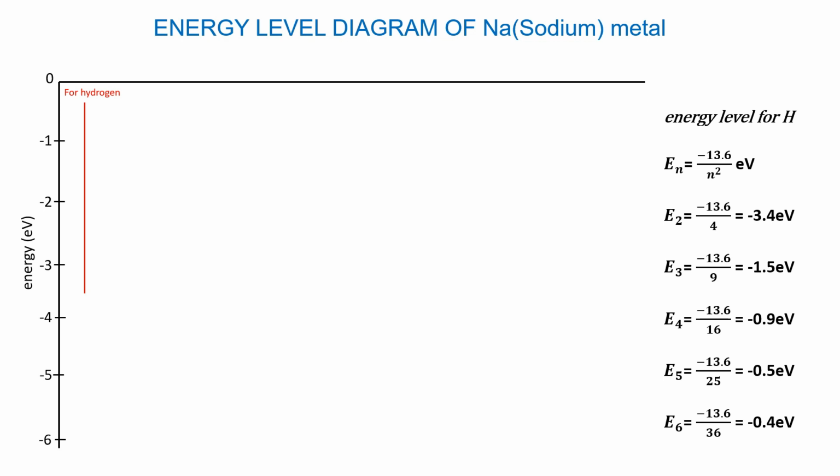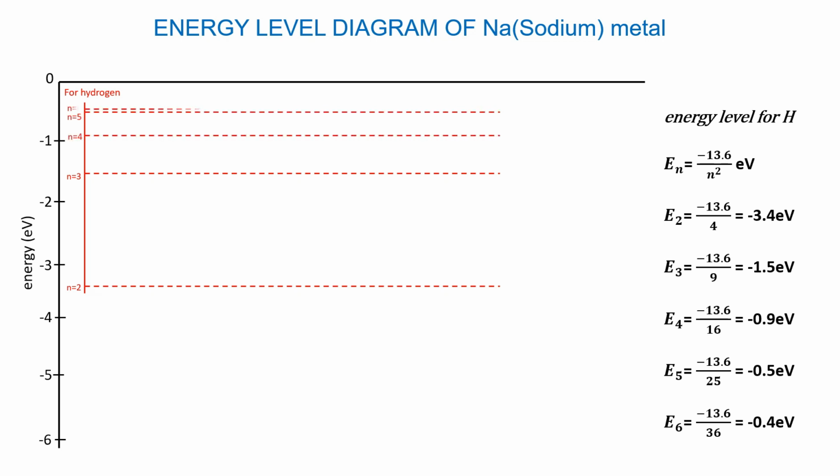Hence, we will draw a line for n equals 2 at -3.4 electron volts like this. For n equals 3 we have -1.5, therefore we will draw a line at -1.5 for n equals 3, and similarly for n equals 4, n equals 5 and n equals 6 we will draw lines respectively.